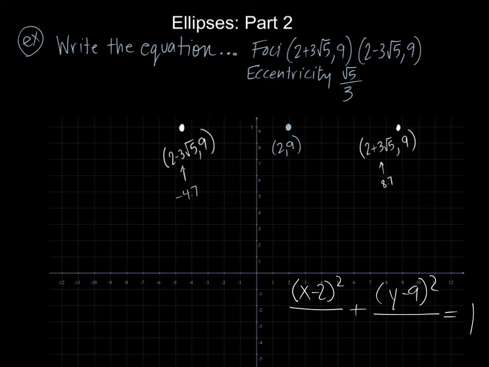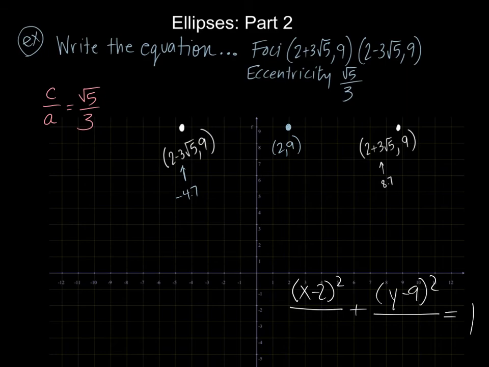Okay, so the other information that I know is that the eccentricity, which is c over a, that's our formula for eccentricity, equals the square root of 5 over 3. Now, this can be a little tricky because this doesn't mean that c is the square root of 5 and a is 3, because if we had found eccentricity, we might have simplified that fraction to get the square root of 5 over 3.